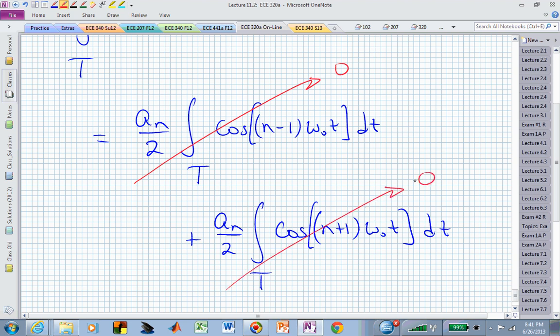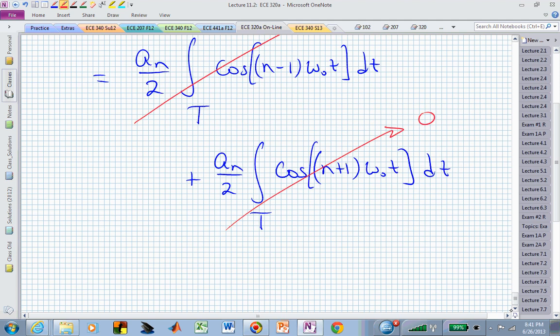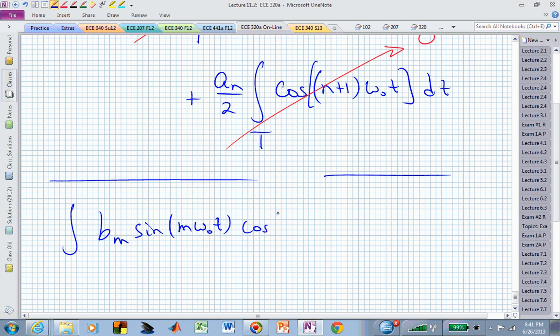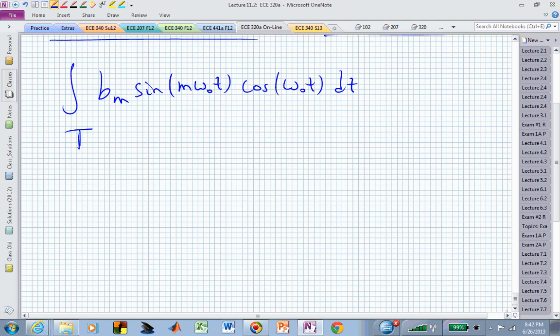This again is some integer multiple of cycles of the cosine over the fundamental period capital T, and those are going to vanish. We also have the same relationship for the sine terms. If we looked at a generic sine term, let's say b sub m sine of m omega naught t cosine omega naught t dt over one period. That's what's on the right-hand side of that earlier expression.